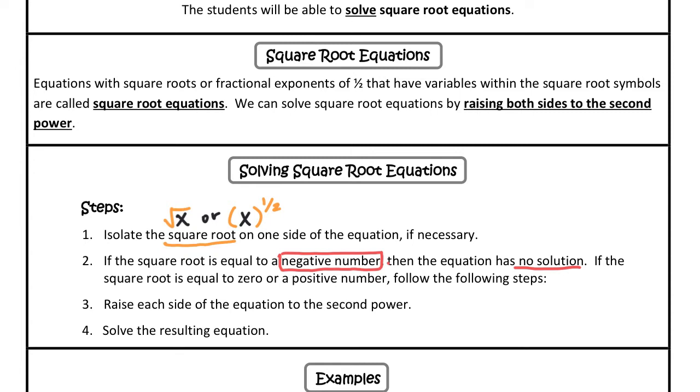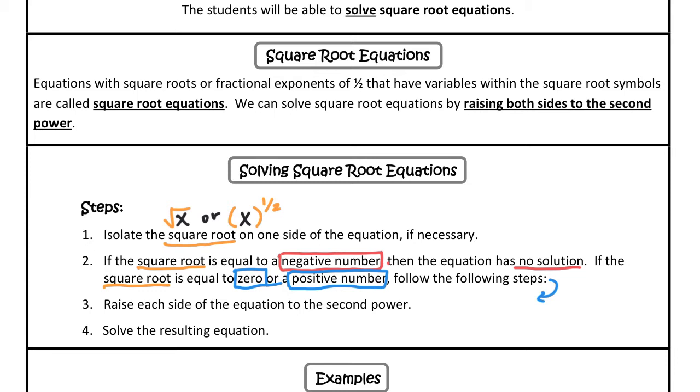And I'm going to use orange when we're talking about square root. So if the square root equation is equal to a negative number, then it has no solution. If the square root is equal to a positive number, or if it's equal to 0, then we go to the steps below, right?